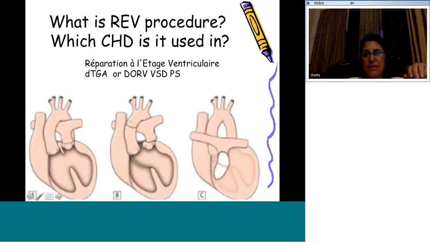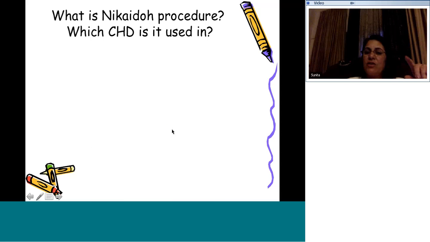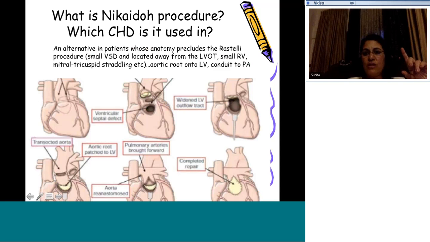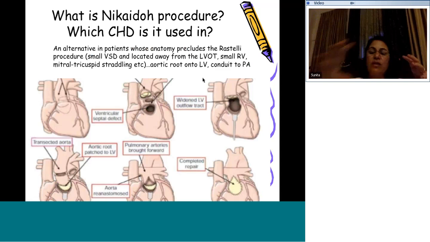Here, you see this is a rootable VSD, right? LV is rooted to aorta. So you can do a Rastelli, you can do a REV. So yes, Nikaidoh is basically a root translocation which is used in anatomies where you can't do a Rastelli. For instance, if you have a remote VSD, so if the VSD is located away from the LVOT, you can't root the LV to the aorta.